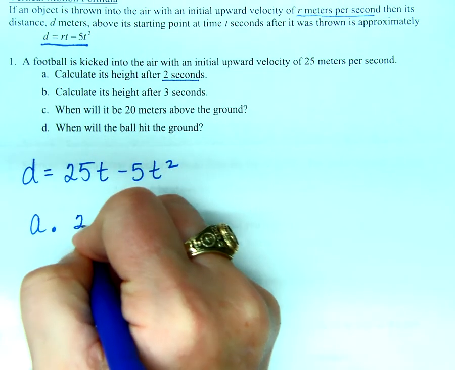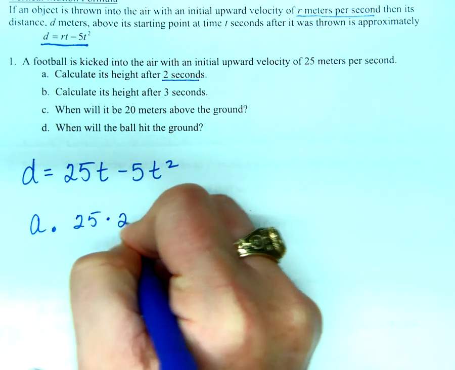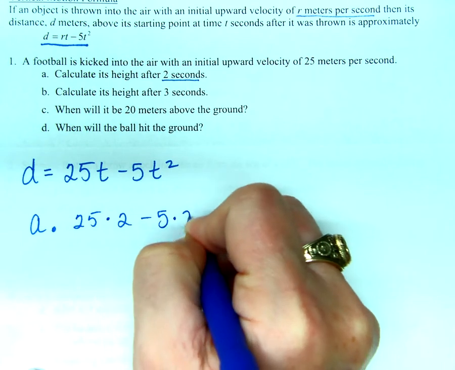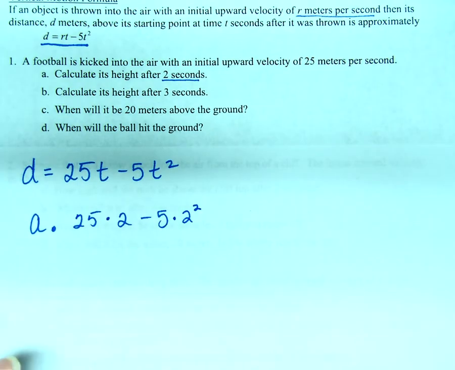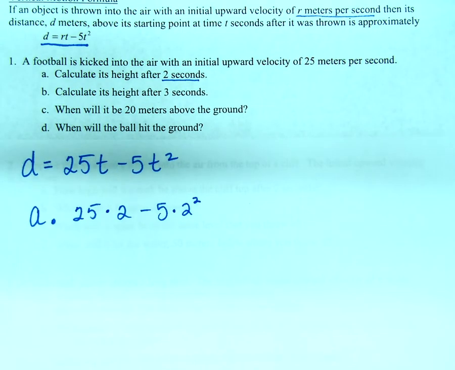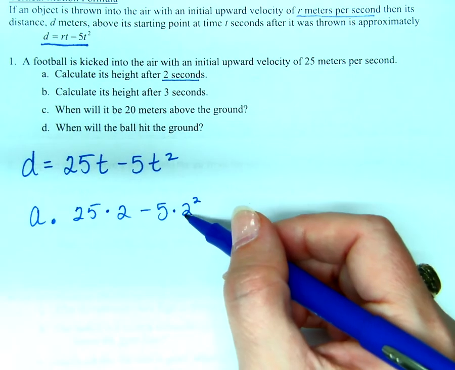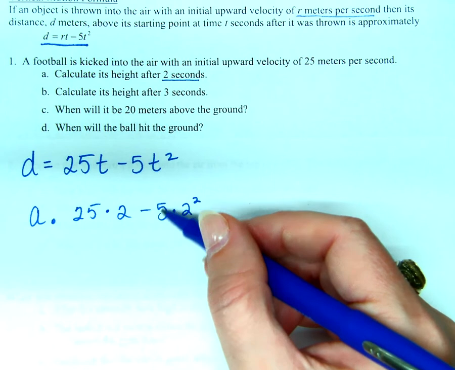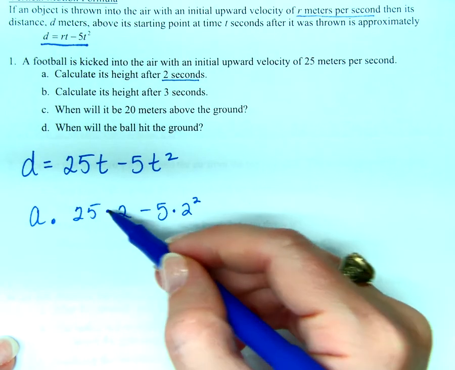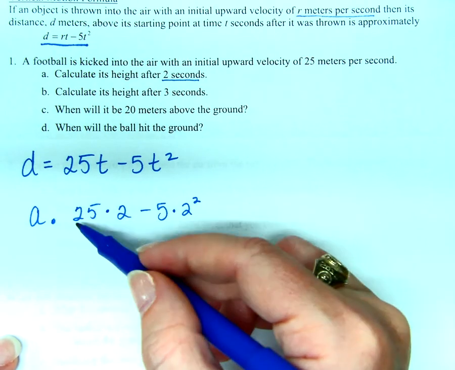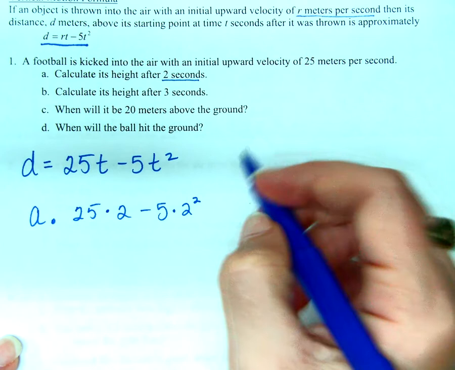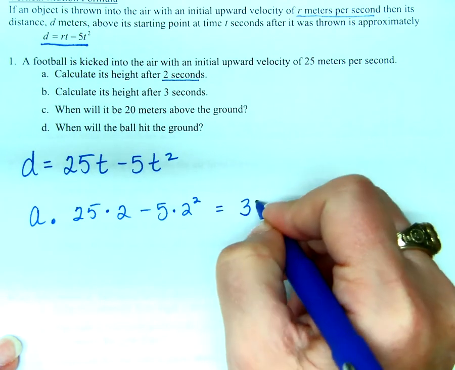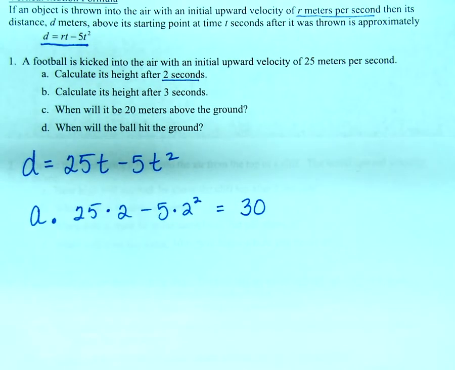So 25 times 2 minus 5 times 2 squared. Order of operations says I start where? Exponents, right? So 2 squared, 4 times 5, 20. What is 25 times 2? 50, and what's 50 minus 20? 30. 30 answers the algebra.